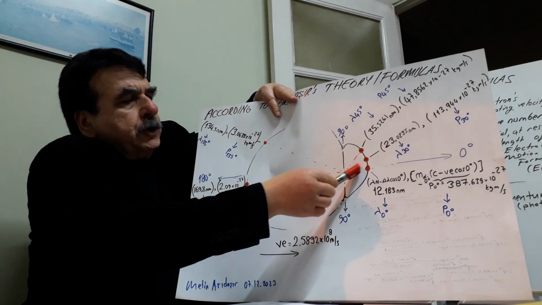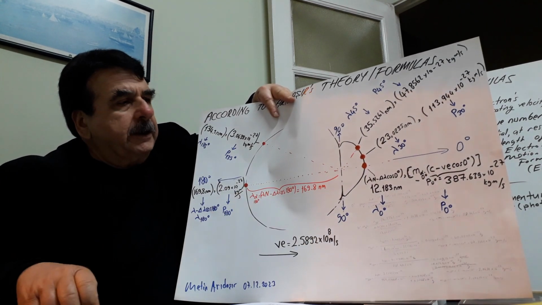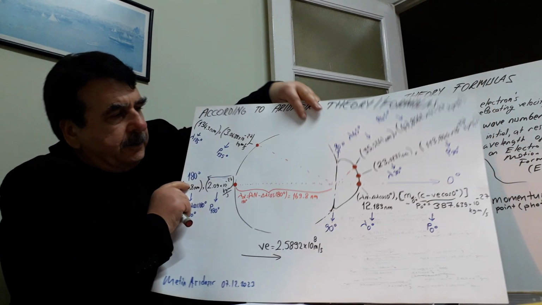This is the shortened wavelength, 0 degree direction here.